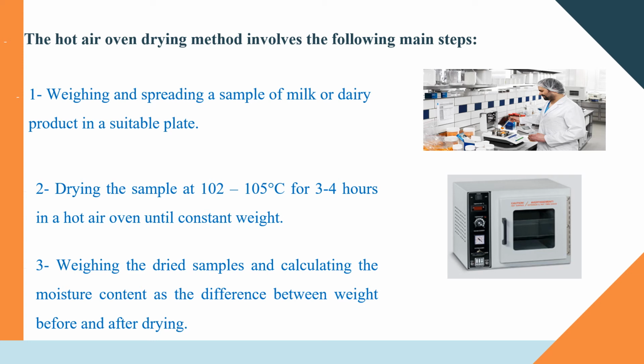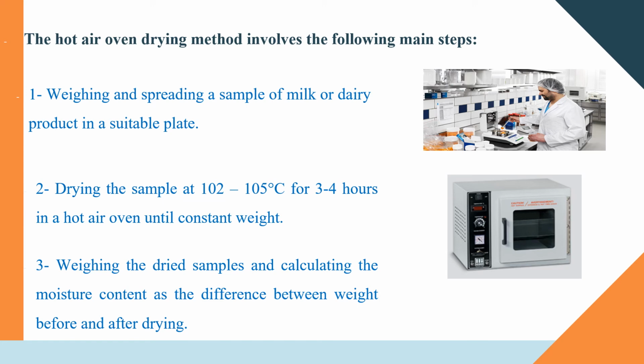You need to divide the difference between weight before drying and weight after drying by the weight of the sample before drying. And then if you multiply the quotient by 100, you will get the percent of moisture in this sample.